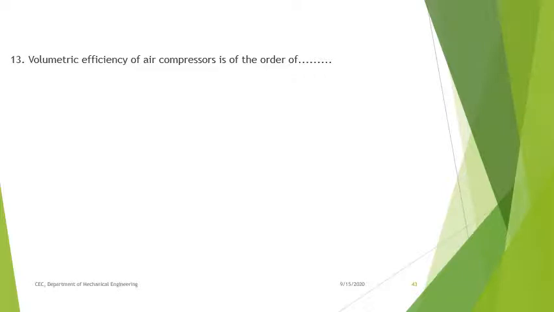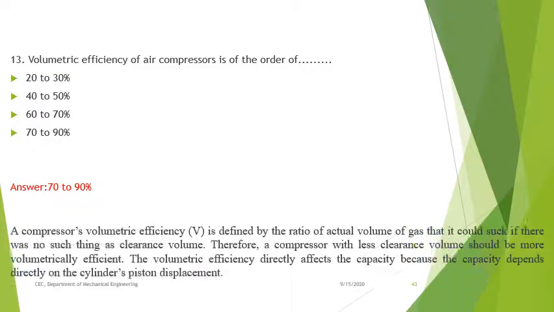Next question, volumetric efficiency of air compressors is of the order of 20 to 30%, 40 to 50%, 60 to 70%, 70 to 90%. Answer for this one, 70 to 90%.